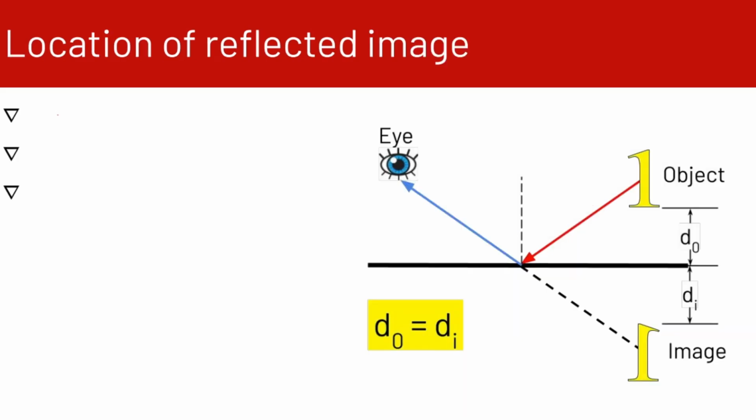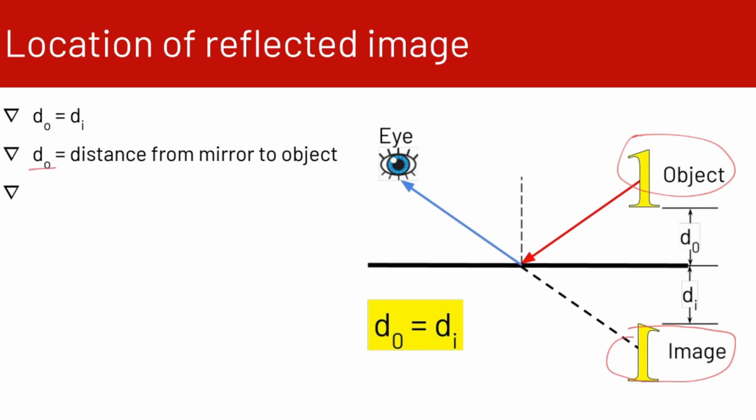All right, now let's talk about the location of the reflected image. We have the object here, and we have our reflected image here. DO is equal to DI. The distance of the object from the mirror, DO, is equal to DI, the distance to the image.